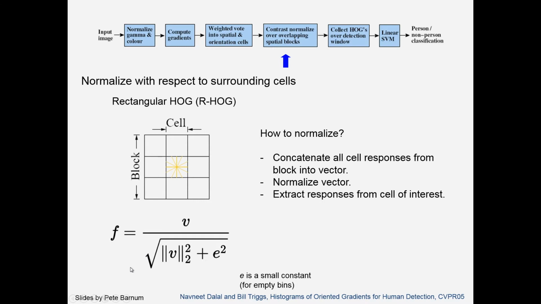If you consider the histograms as vectors, you first normalize across these 4 cells so the vectors have unit norm. He also put a small value epsilon here, just to ensure stability in the computation. Then he repeats that a couple of times.